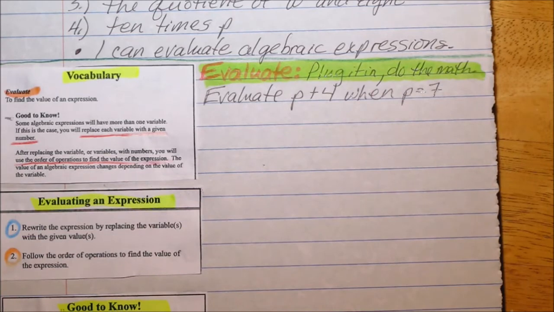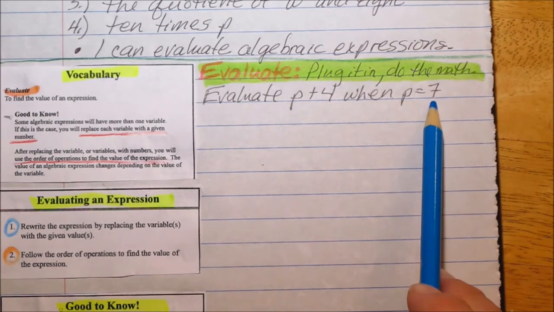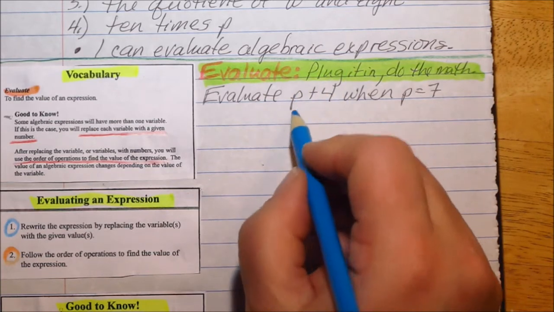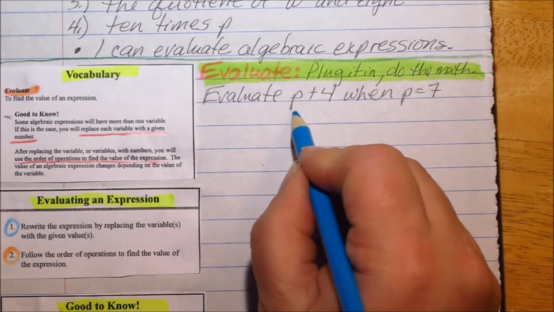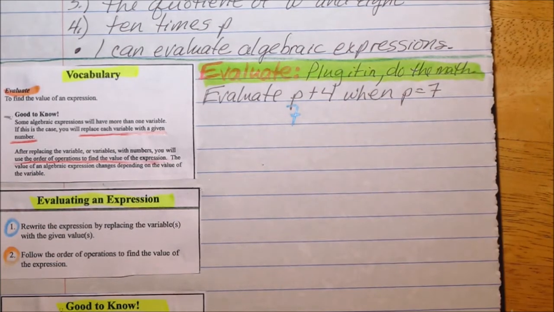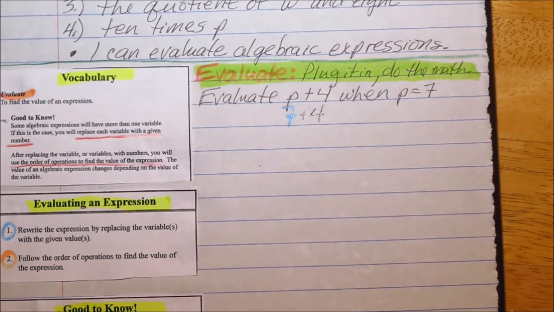So, step 1 said to rewrite the expression replacing the variables with the given values. So, p is our variable, and the given value for p is 7. So we will rewrite this expression plugging in 7 for the variable.